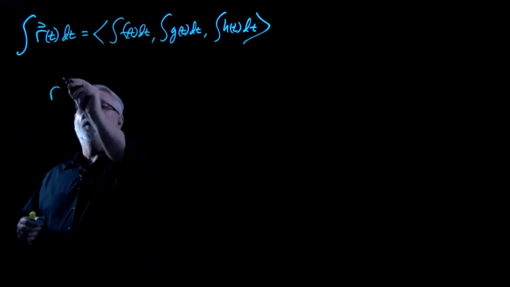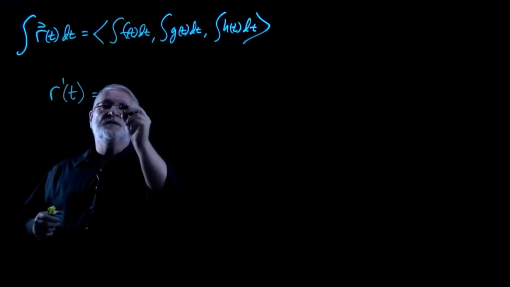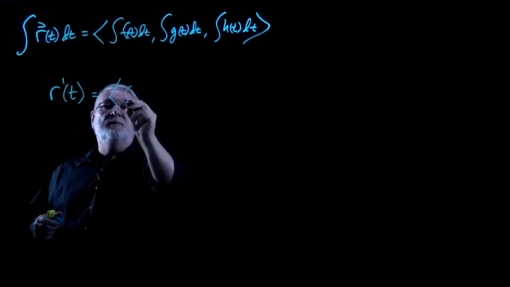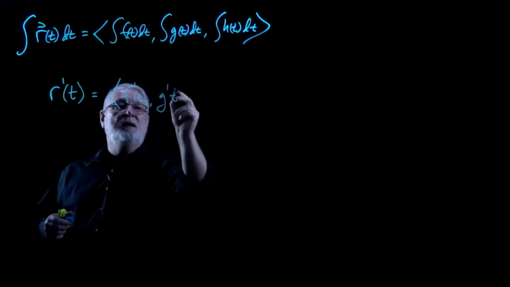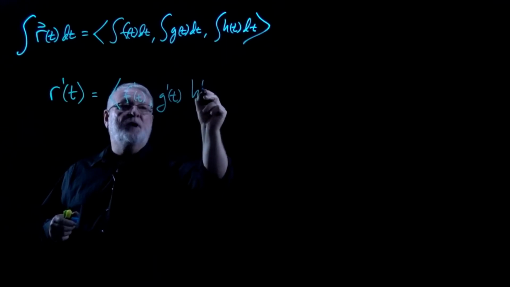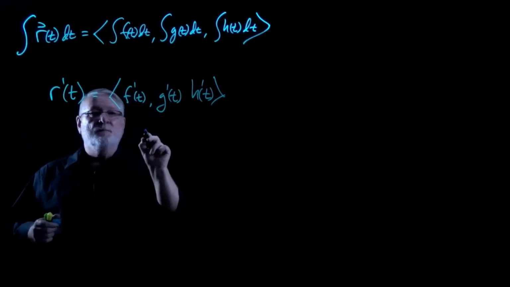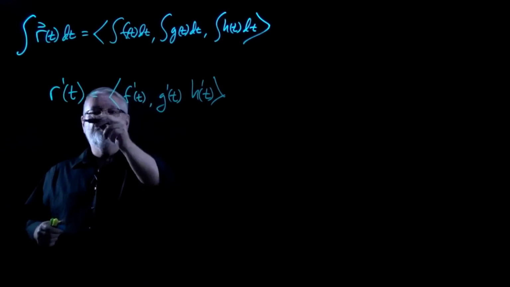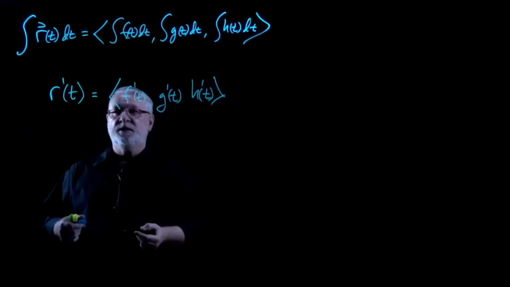Suppose I knew what r prime of t was. And of course, r prime of t, as we've already learned, is going to be f prime of t, g prime of t, and h prime of t. What we're most interested in is reforming the original r(t) that this came from. And of course, that's not very difficult.